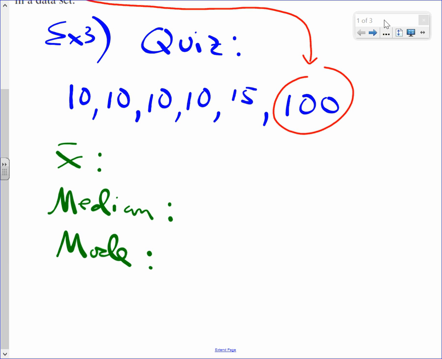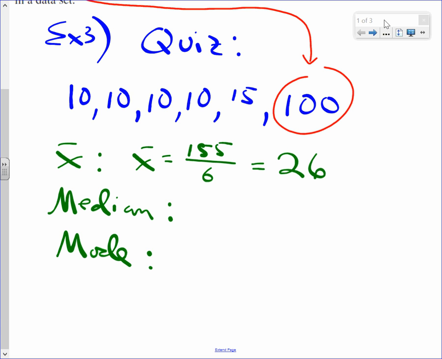So x bar is going to be equal to 155 divided by, how many values are there? There's 6 values. So 155 divided by 6 is going to be 25.8. I'll just round it to the nearest whole number, 26. So there's the mean. The mean is 26. So far, so good.